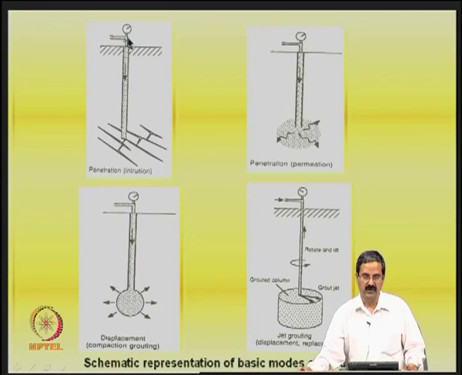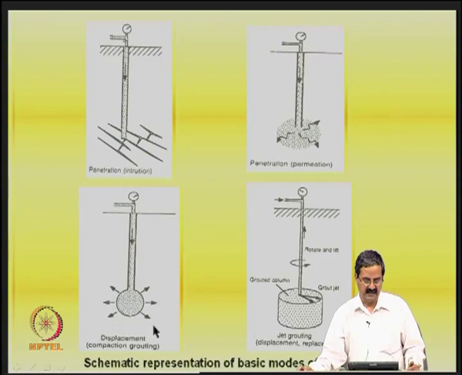You have a pressure unit here, and suppose you are trying to fill up the cracks or fractures in a particular rock. Penetration is one easier way, where the grout comes and fills up all these spaces. The second one would be permeation, where it permeates in all directions, the flow, and then stabilizes.